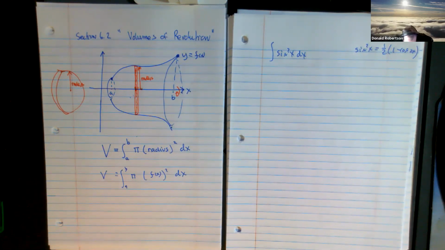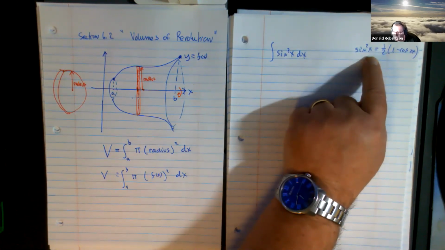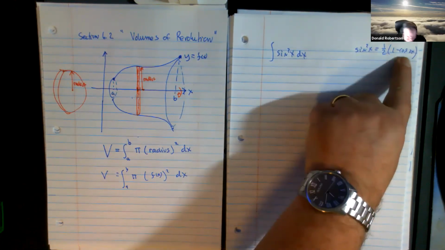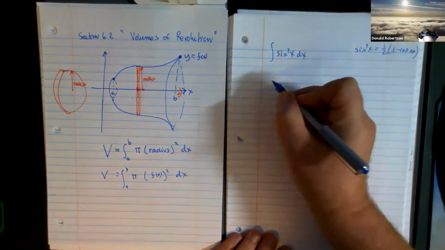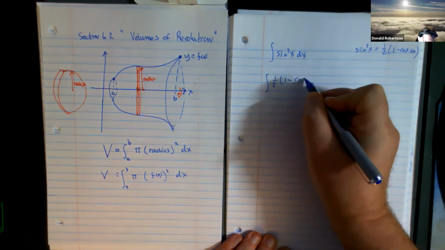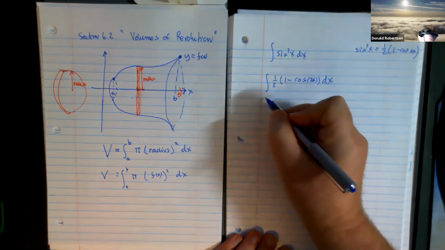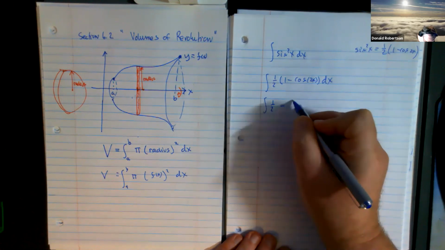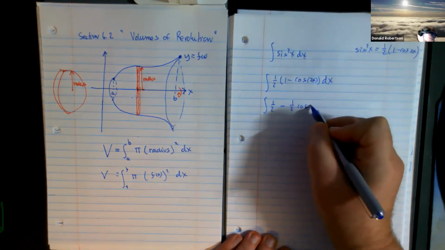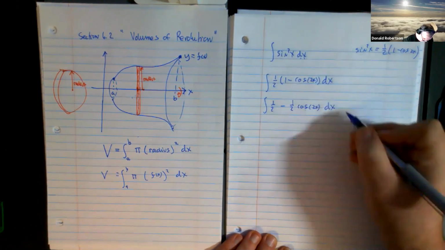You can go and look up your trig notes, but somewhere or other, that should have been written down once in your life. Which means this now becomes 1/2 (1 minus the cosine of 2x) dx, which means that becomes this.